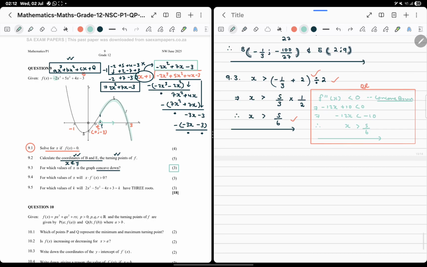Right, so let's do 9.4. So 9.4 says, for which values of x will x, now this is any x value, meaning all real values of x, multiplied by f prime of x, what is this? This is gradients of f.